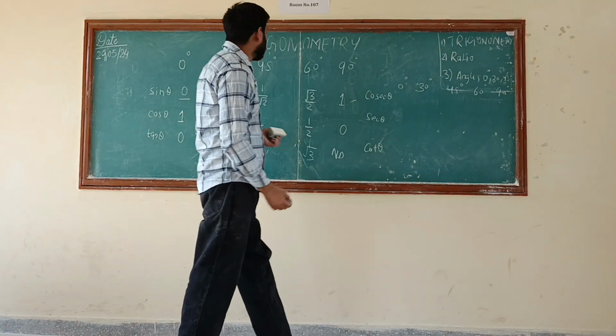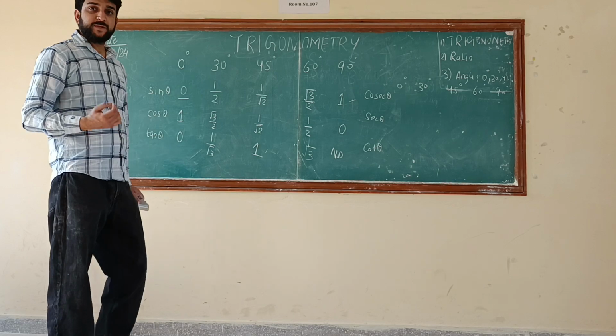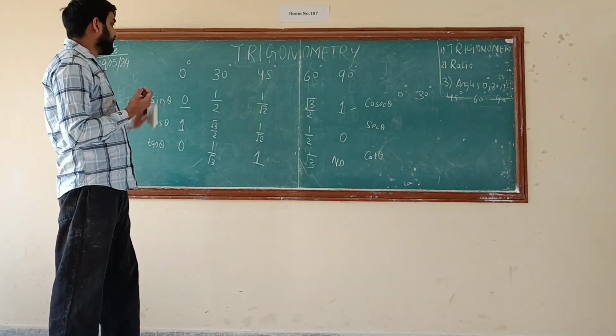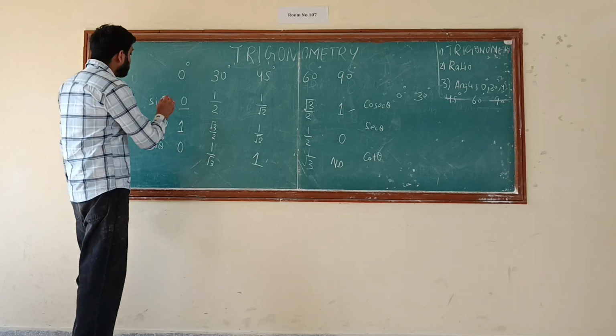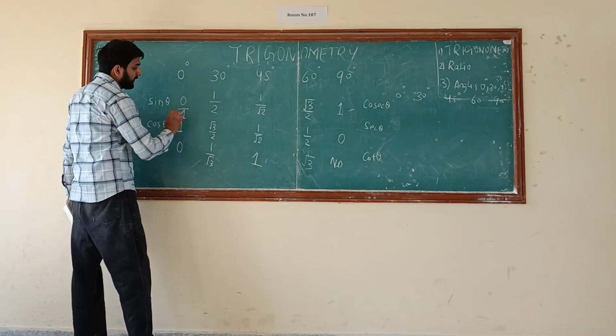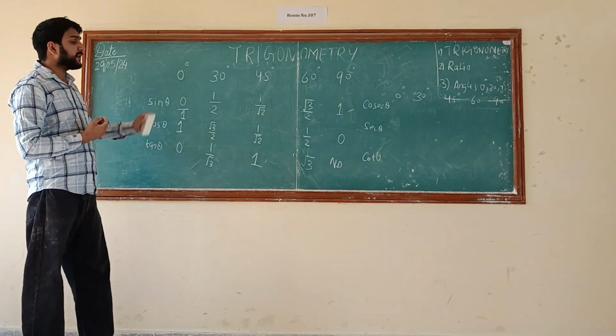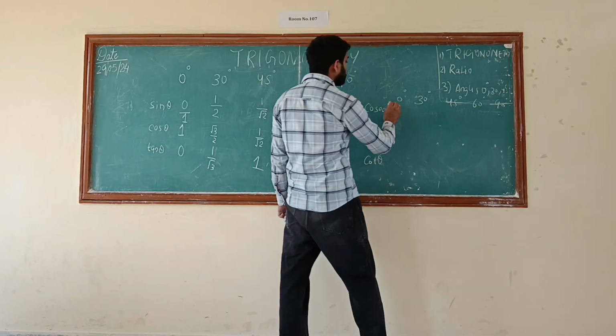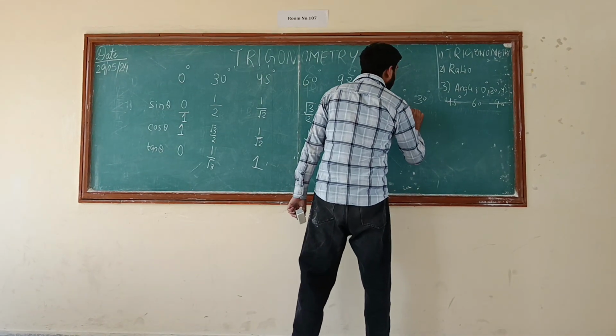So here cosecant theta is the reciprocal of sin theta. So if we have sin 0 is equal to 0 upon 1, then we reciprocal it becomes 1 upon 0. And we know 1 upon 0 is not defined. So cosec 0 degree is equal to not defined.